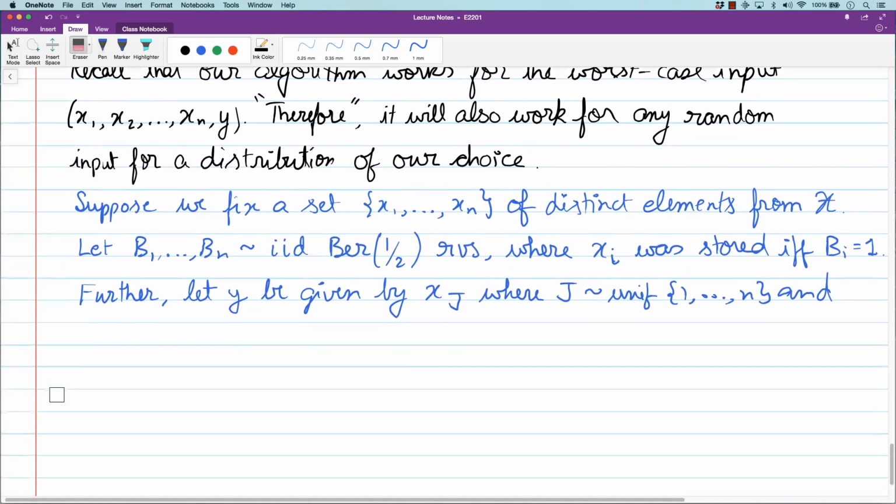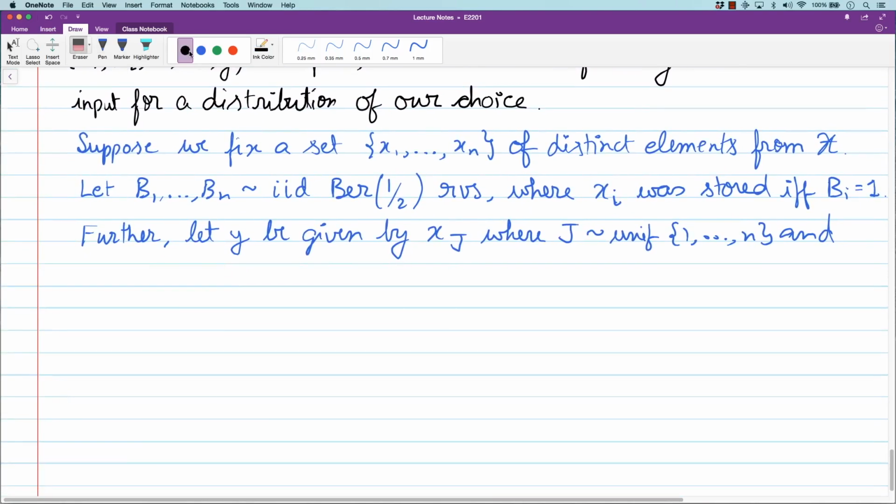Okay, that's the other part of the input. So you have these two random inputs now. So what your algorithm does is it sees this input now described by b1 to bn.